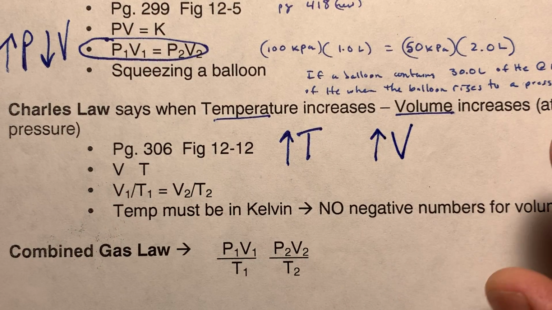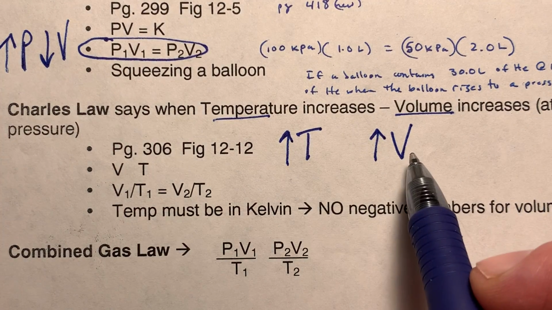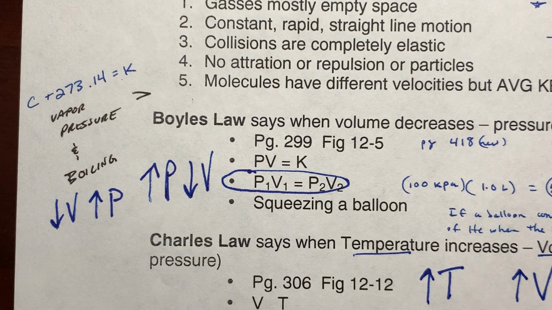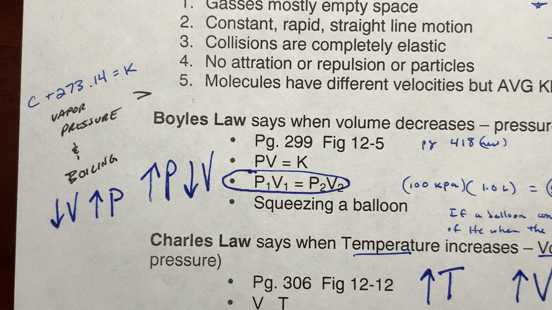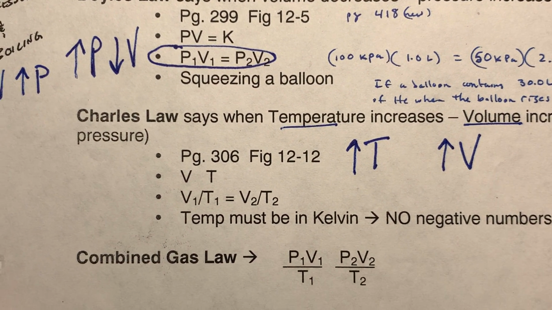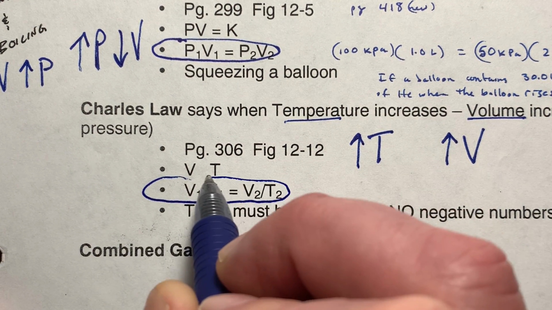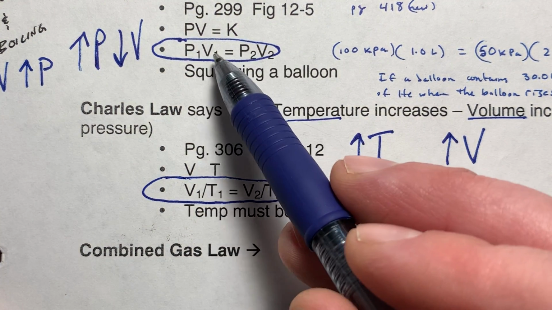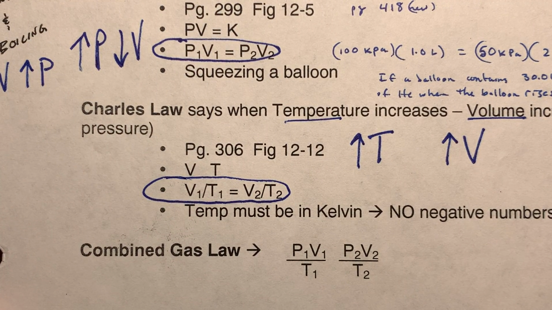So this is different, where we have two variables here that are directly proportional. One goes up, the other goes up. Whereas with Boyle's Law, we have two variables that are indirectly or inversely proportional. So if you look at the equation for Charles' Law, you'll see that it's written differently than Boyle's Law, where here we're multiplying the variables and here we are dividing the variables.